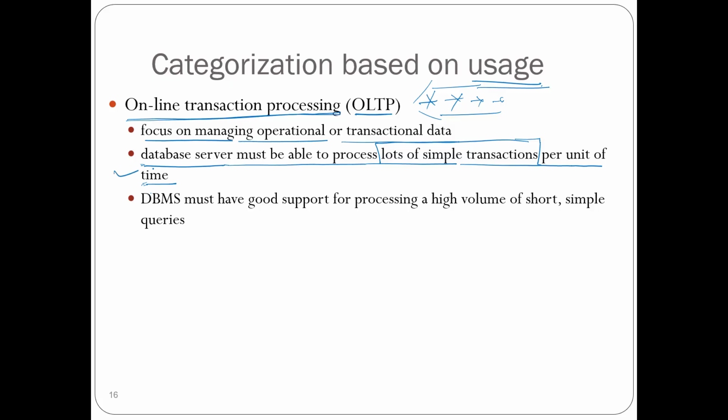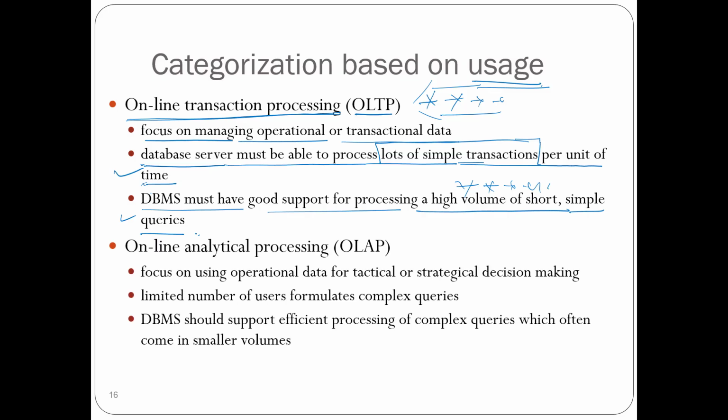The database server here must be able to process a lot of simple transactions per unit time, and the DBMS must have good support for processing a high volume of short and simple queries. These queries are going to be short and simple, but too many, so the volume would be huge.